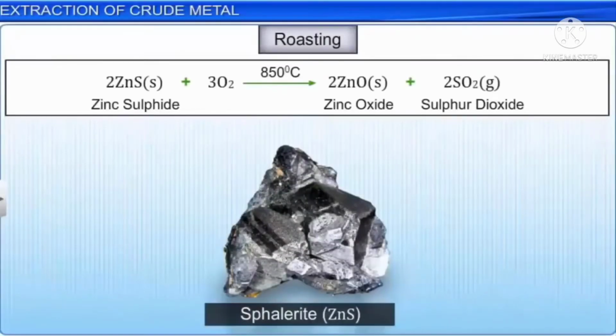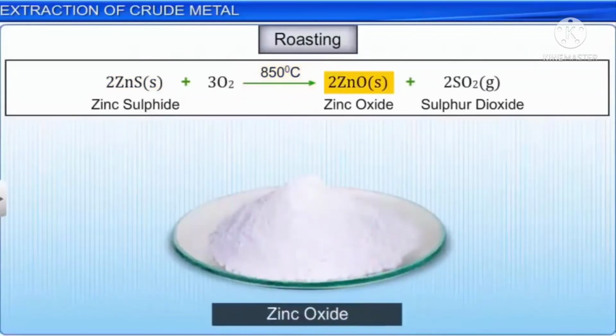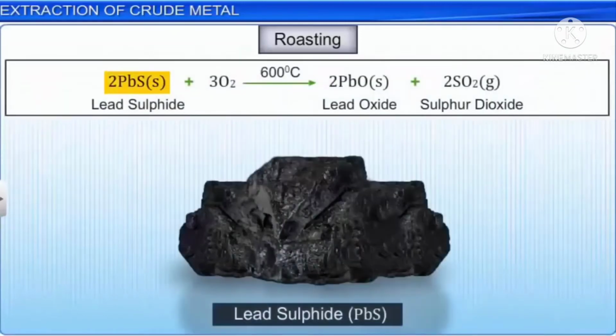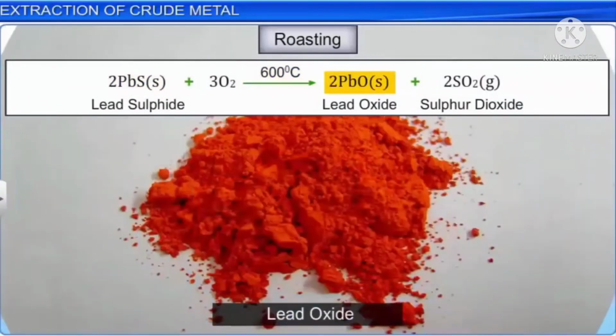For example, sphalerite or zinc sulfide is heated at about 850 degrees centigrade to give zinc oxide and sulfur dioxide. Lead sulfide is roasted at about 600 degrees centigrade to give lead oxide and sulfur dioxide.